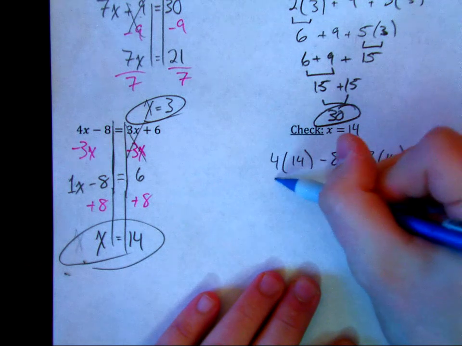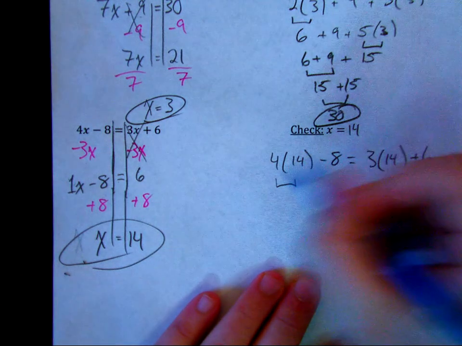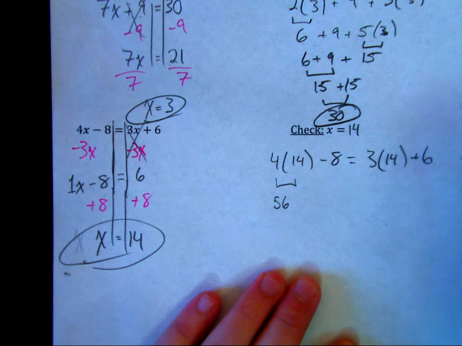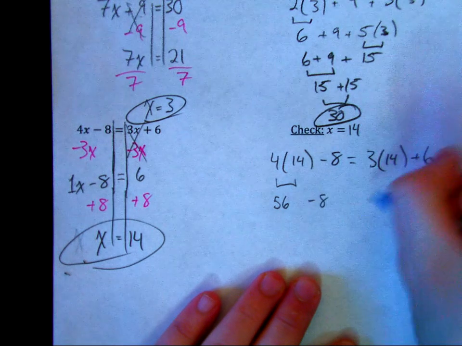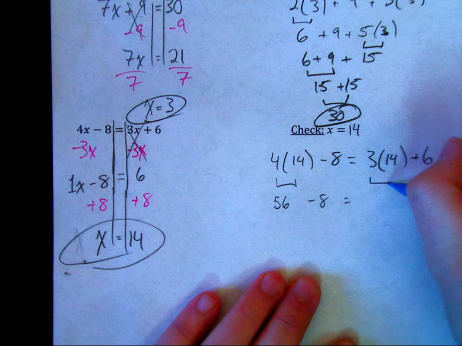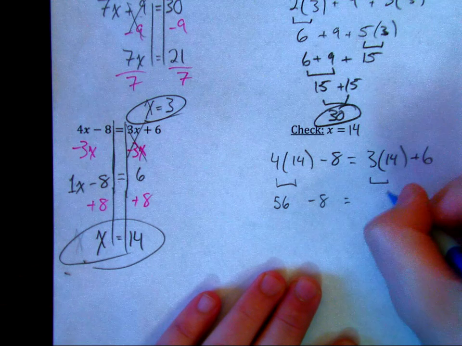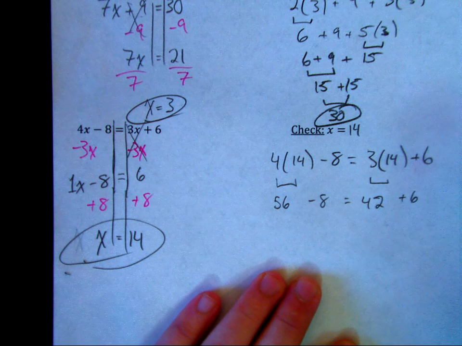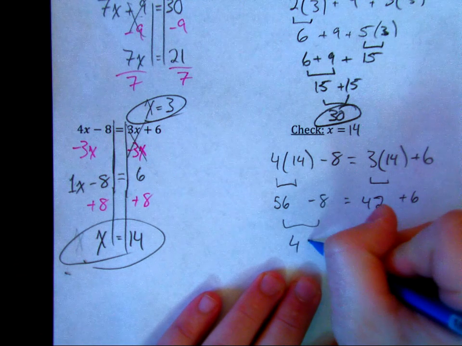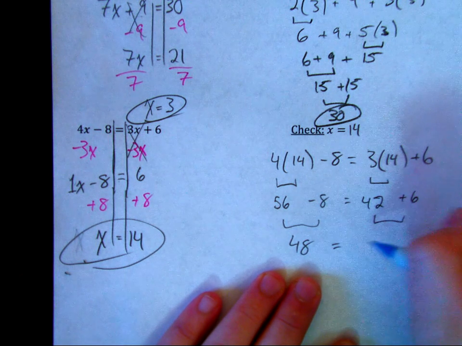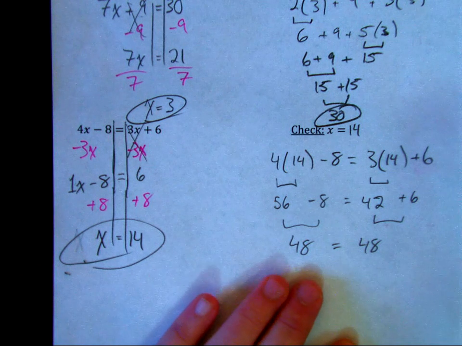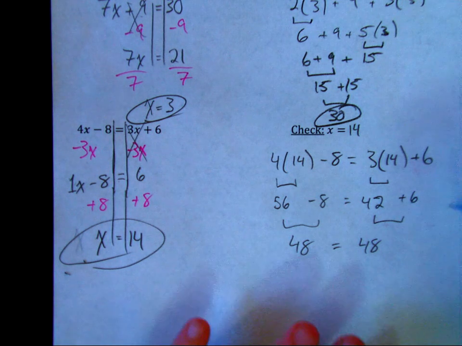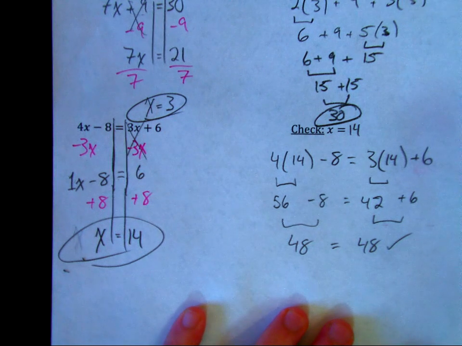So this is, let's see, 56 minus 8, and we can say that this is 42. 42 plus 6. And yes, this does end up working because both sides are 48. Since that is good, we can check it off, and we are good.